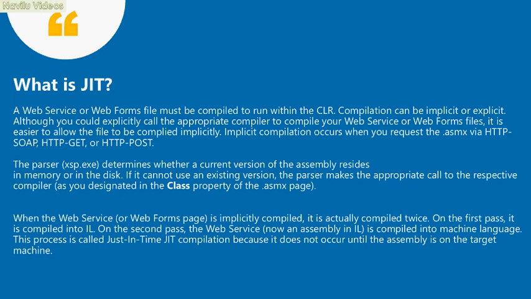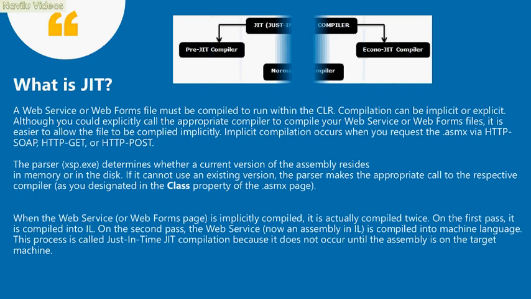The parser, aspnet_wp.exe, determines whether a current version of the assembly resides in memory or on disk. If it cannot use an existing version, the parser makes the appropriate call to the respective compiler, as you designated in the class property of the .asmx page.